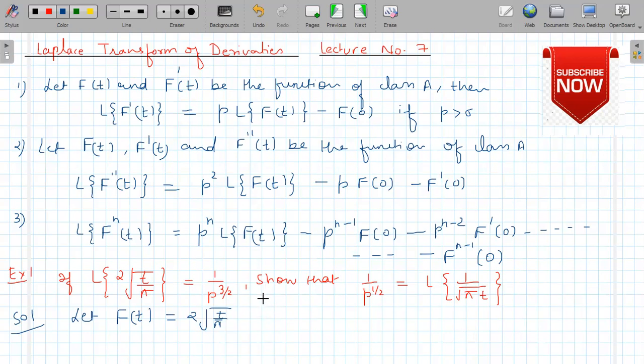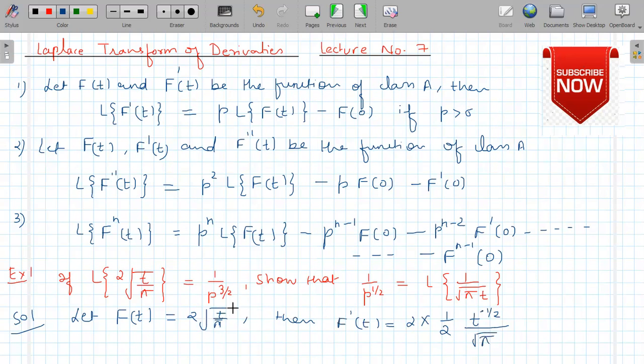Now you can see that the value of f dash t is 2 into 1 upon 2 into t raised to the power minus half whole divided by square root of pi.